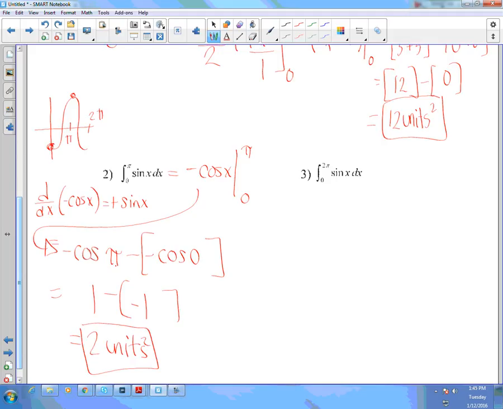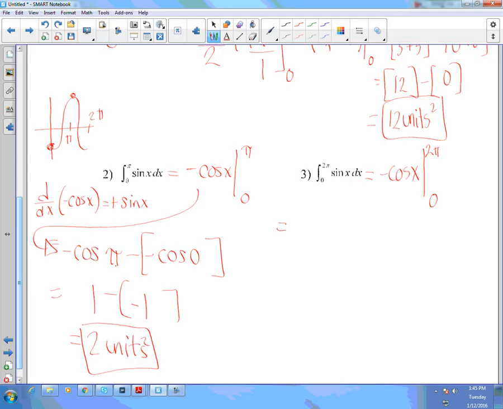The vowel. What's the only thing different? What's the antiderivative sign? Negative is the same as the last problem. Make sure you always put the x. But it's from 2 pi to 0.